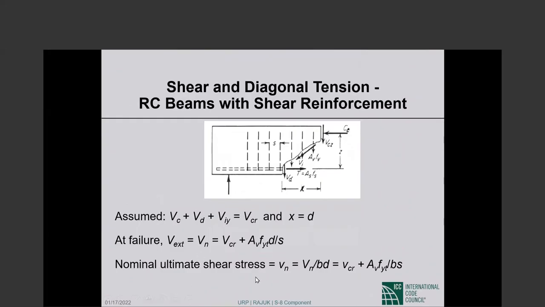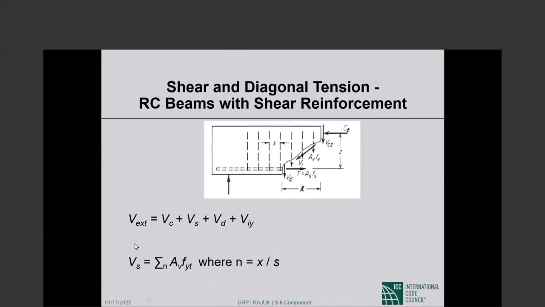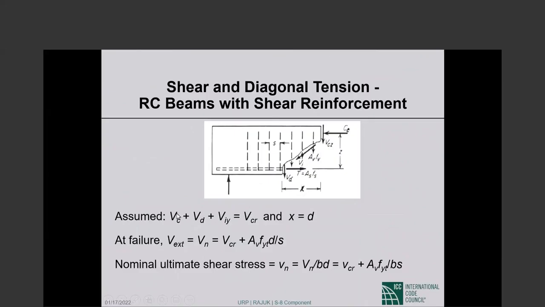So the difference between this and the next one. Here V sub C plus V sub S plus V sub D plus V sub IY is the external shear. V sub C we have left alone. V sub D we have left alone. V sub IY. Okay. So the three components of shear resistance together, the only thing we left out are the stirrups.